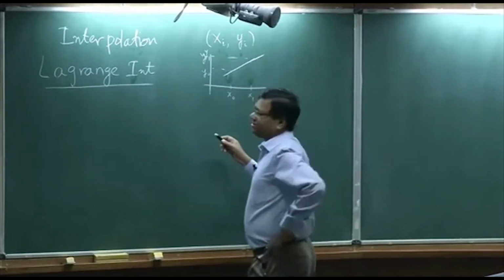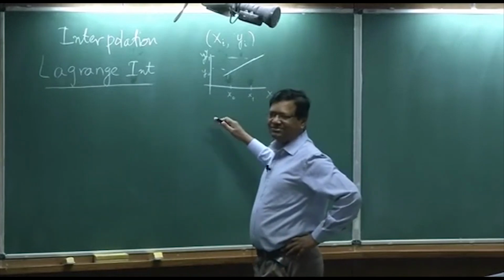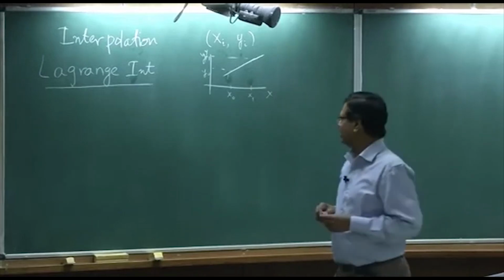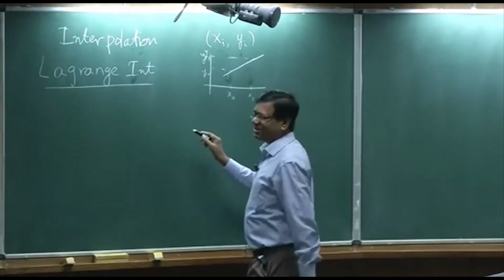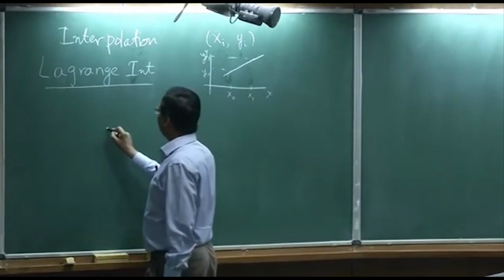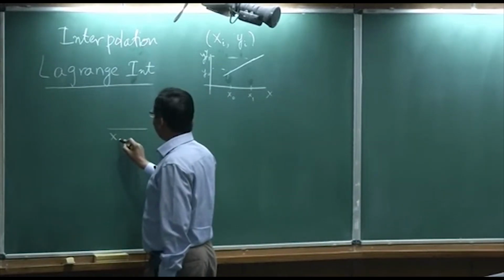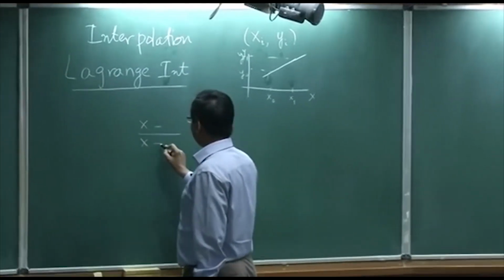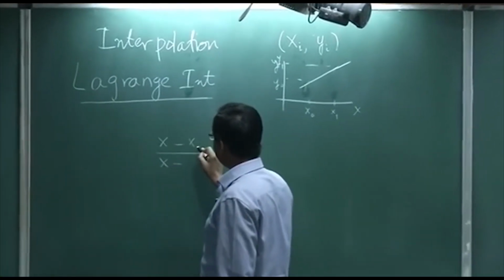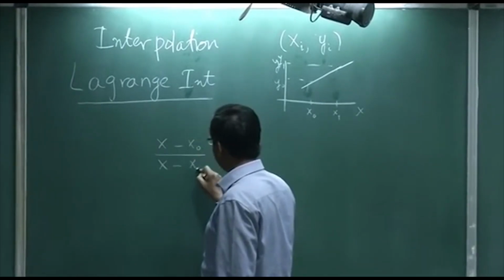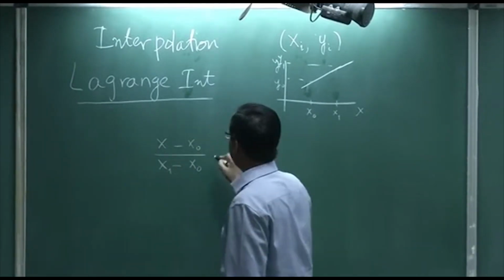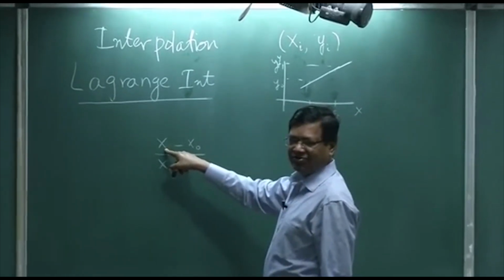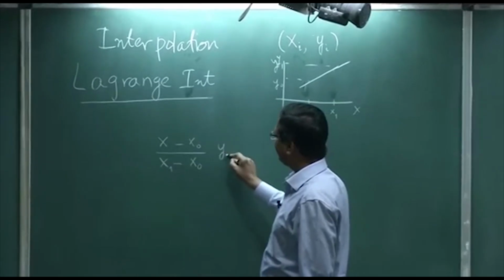Now the way to write this in a very systematic or transparent manner is, pay attention, how am I going to write? I am going to write x minus x0. Now if I put x1, I should get y1.